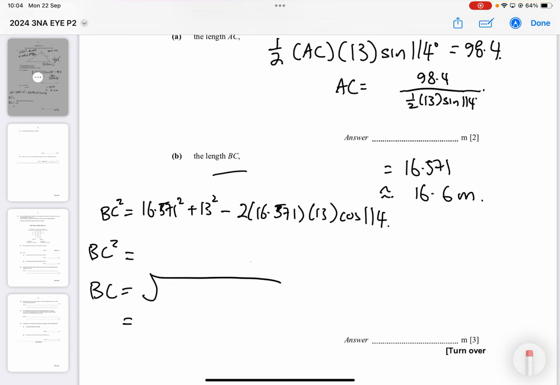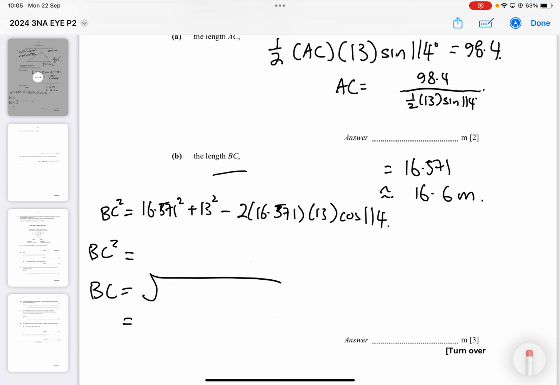Cosine 114 times 13 times 2 times 16.571. Yeah.